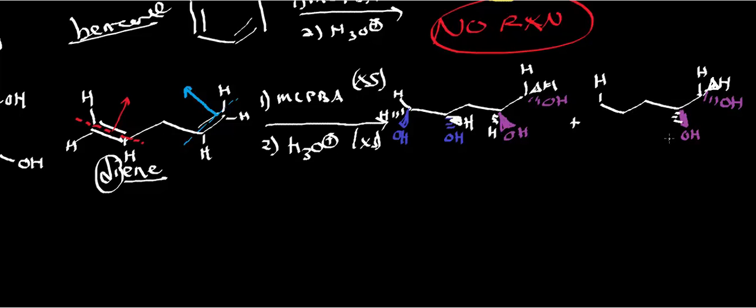They're not really of any consequence, though. So I have that. But what if I kept the purple ones the same, but the blue ones were the ones that flipped? So now this OH is on a dash, and then this OH is on a wedge, which means that here I have hydrogen on a dash, hydrogen on a wedge.